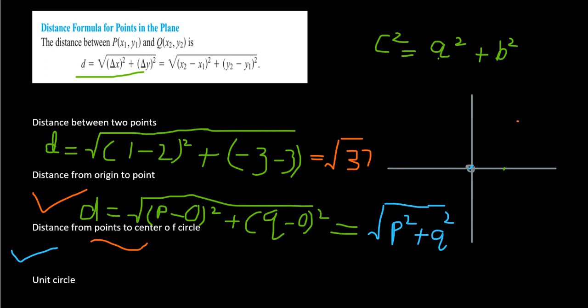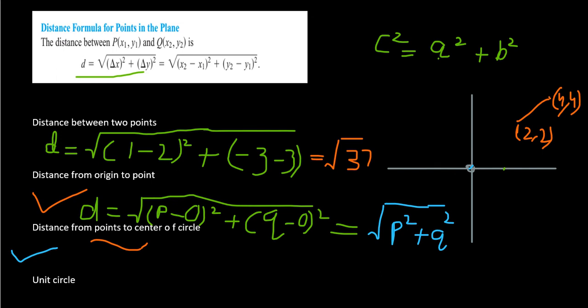Suppose it is our center and this is our point to that center. Suppose it is our 2 as x coordinate and y coordinate will also be 2, and the 4 and 4 order pair is the other point.